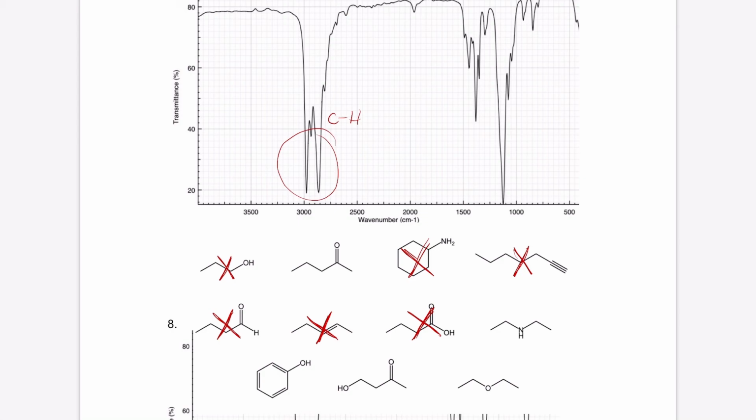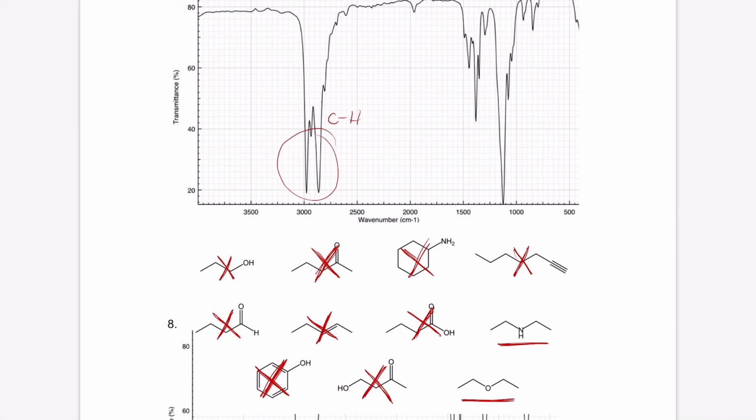So that leaves us with, this is whenever we just do a process of elimination. We already said there's no double bonds at all, so we could get rid of our aromatic containing compound. We can get rid of any structures that have carbonyl groups. And this really just leaves us with either a secondary amine or an ether.